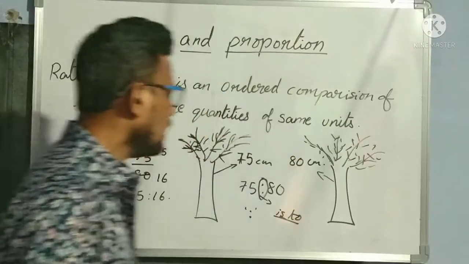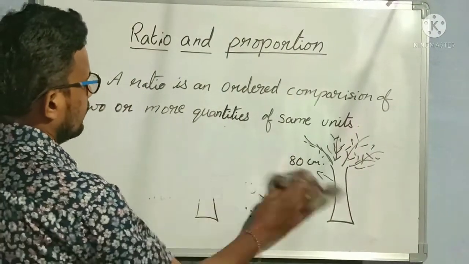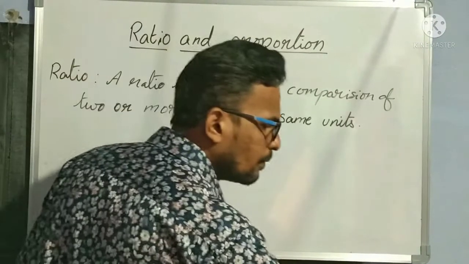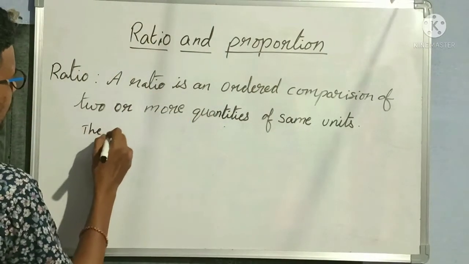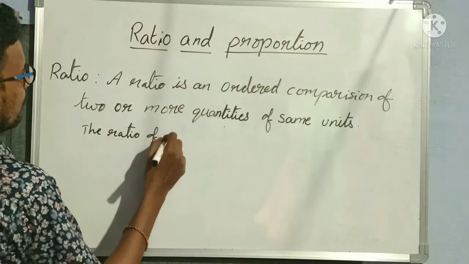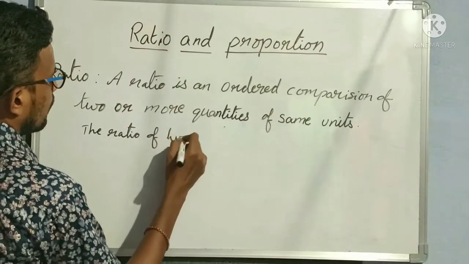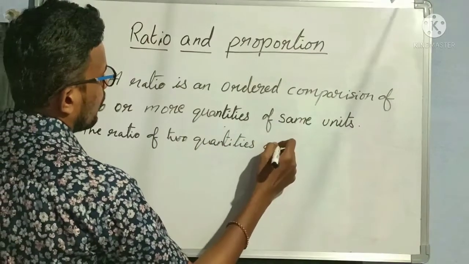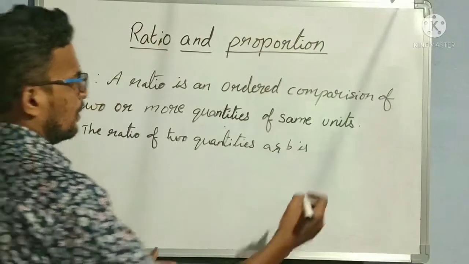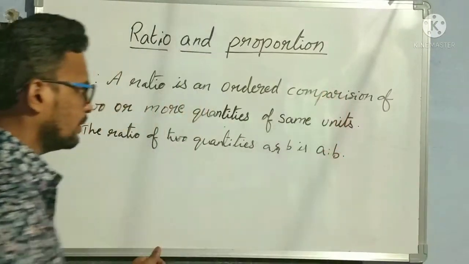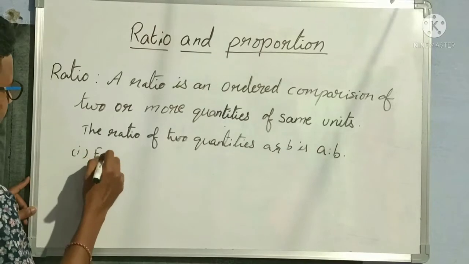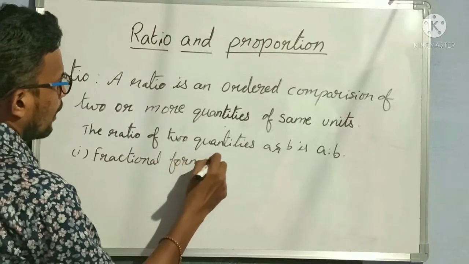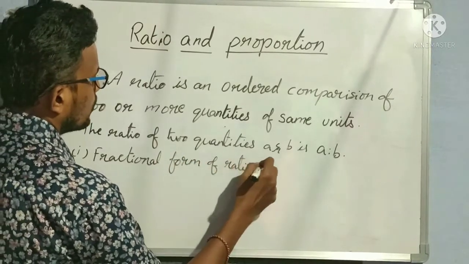Now let us see how to write the symbolic form, fractional form and verbal form of a ratio. The ratio of two quantities A and B is A is to B. Now I want the fractional form of the ratio.